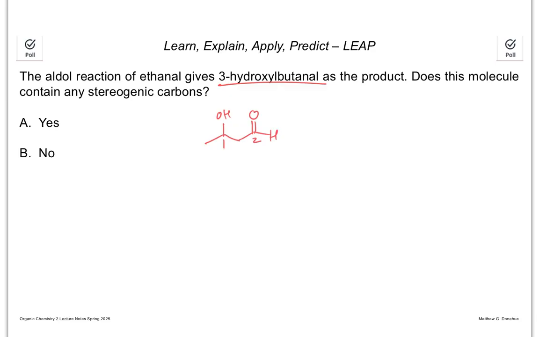So 3-hydroxybutanal. It says, does the molecule contain any stereogenic carbons? Yes. So yes. So with the asterisks, the beta carbon is a stereocenter.